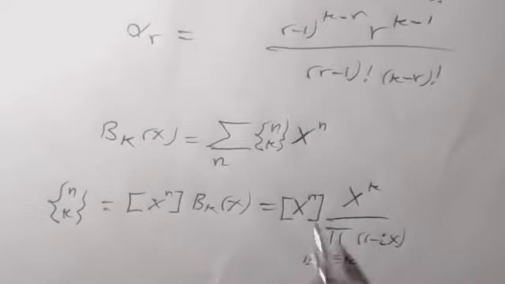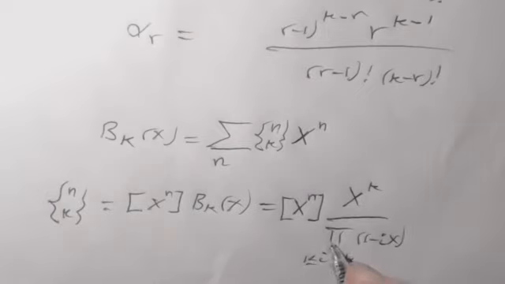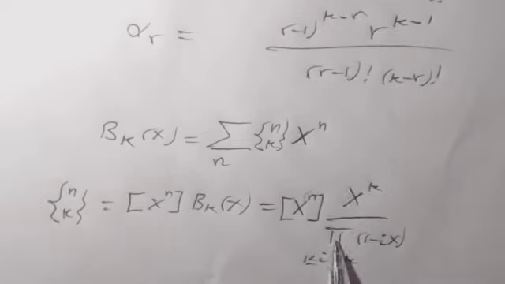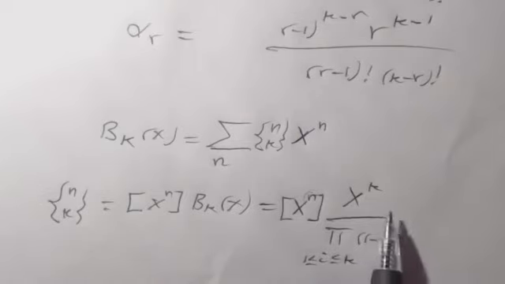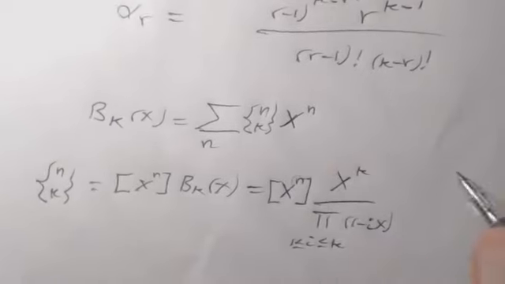So if I want to take this x to the k and put it in here, do I add it or subtract it to the n? Let's think. If I divide this by x to the k, then what was once the x to the nth coefficient has become the x to the n minus kth coefficient.